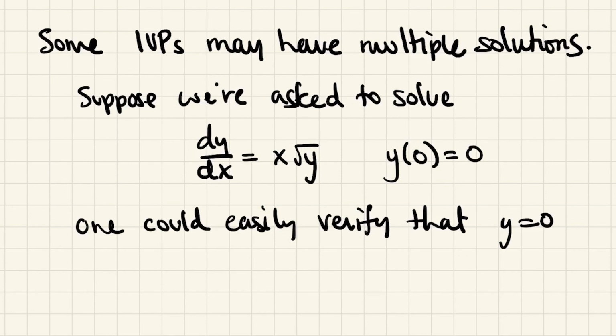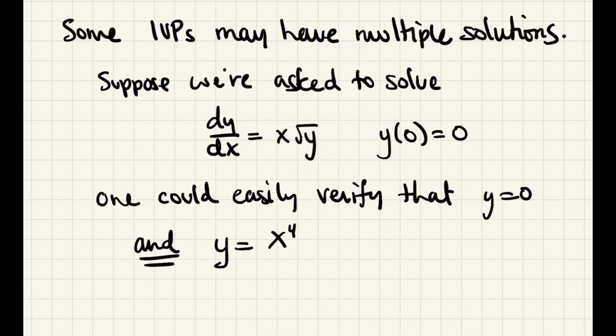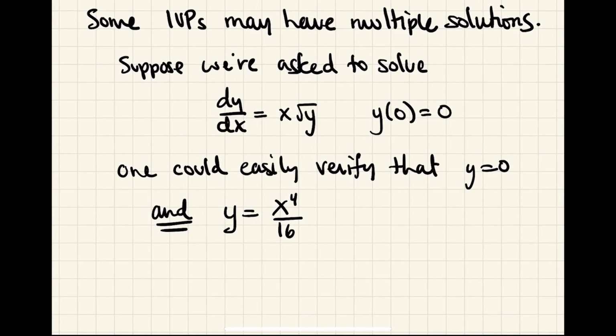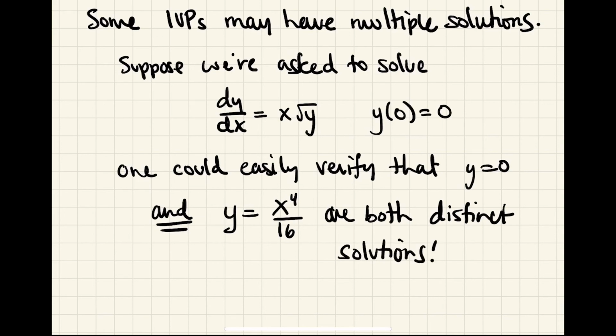But also, y equals x to the 4 over 16. Okay, this one we could easily check without much work. We can see that in this case dy dx, the derivative of that would be 4x cubed over 16, or x cubed over 4.